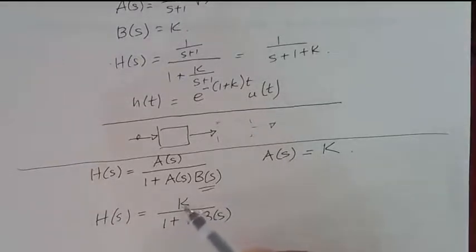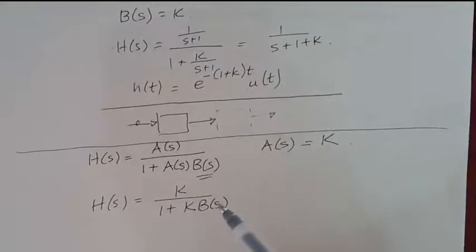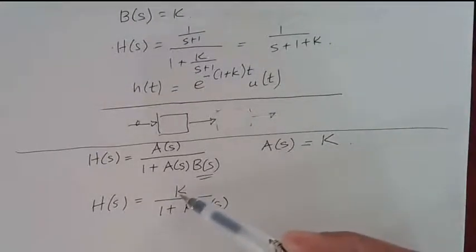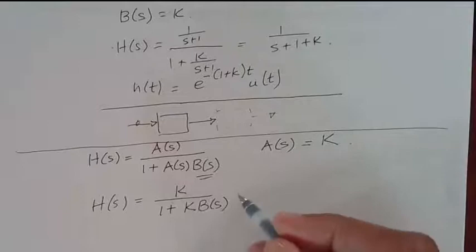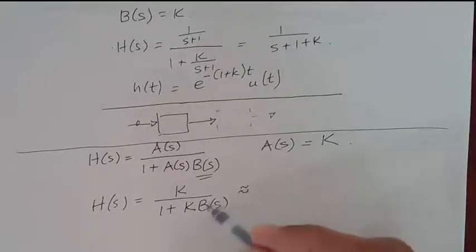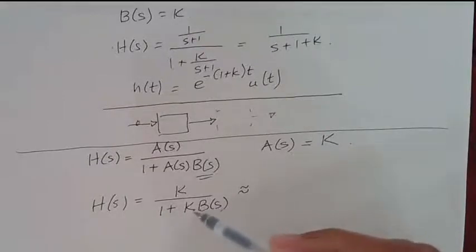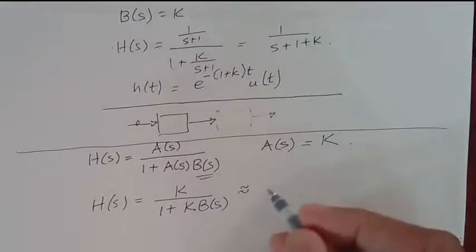And if I can pick K sufficiently large, then this term will be much greater than 1. And so 1 plus K B of s will just be the same as K B of s. The K's will cancel out.